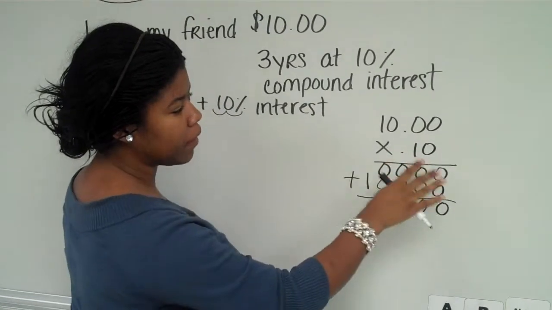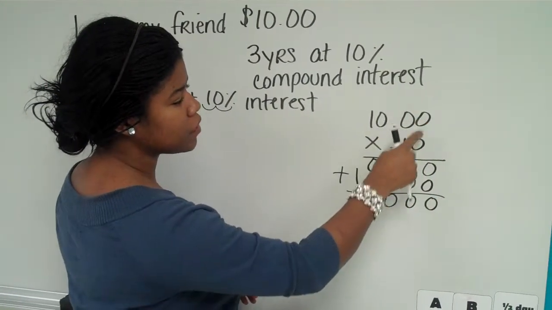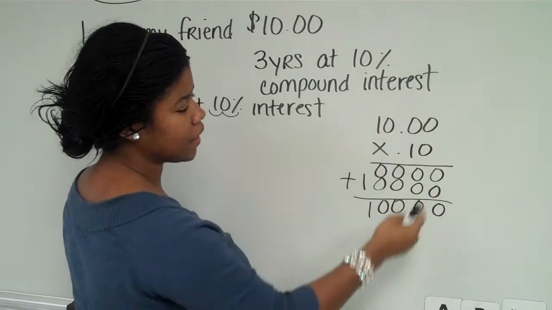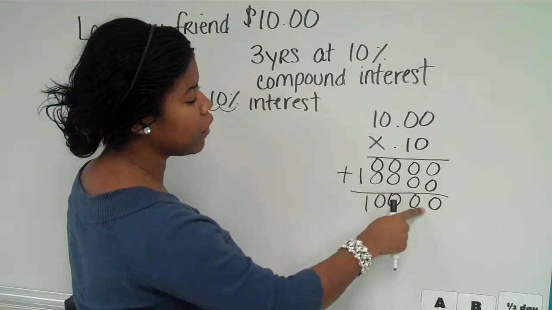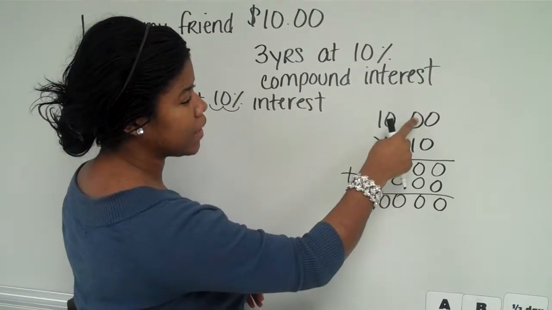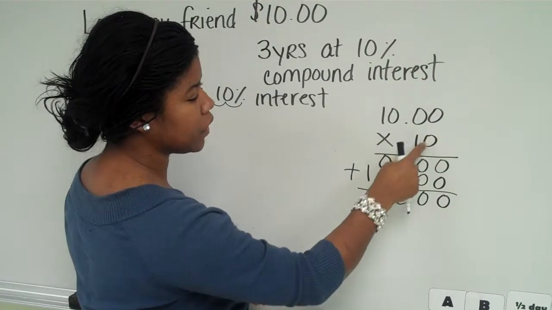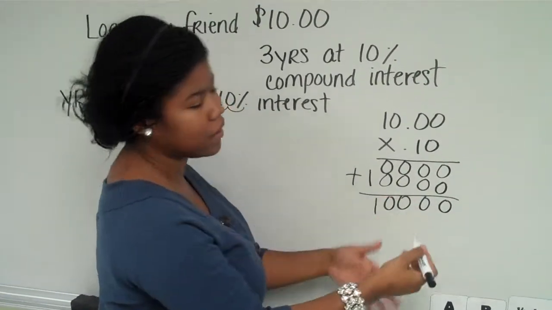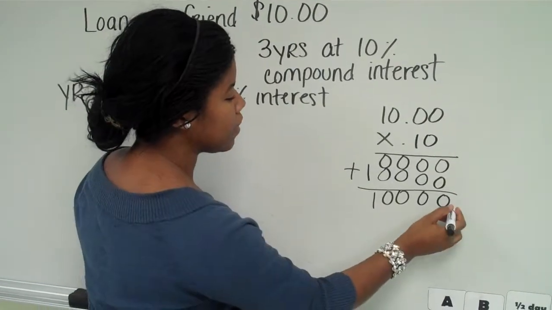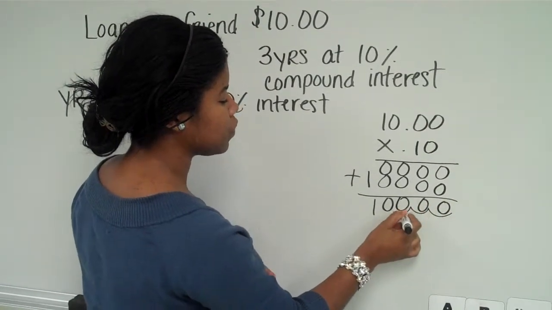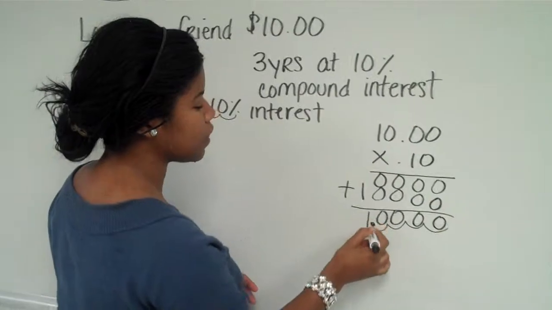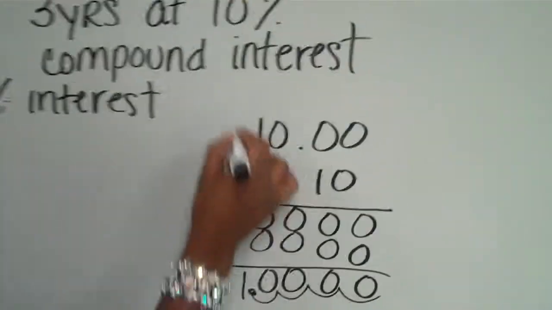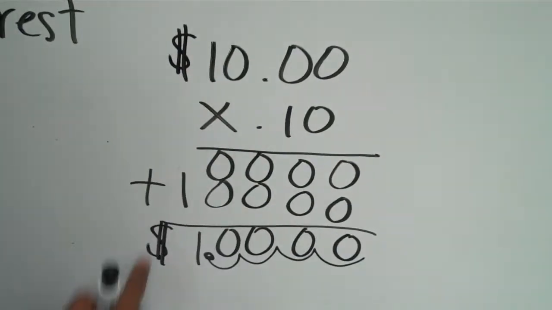Now, when I go back to my problem, however many numbers fall behind the decimal, that's how many numbers I want to move over in my answer. So I counted 1, 2, 3, 4 numbers. So I start at the end, and I come back 1, 2, 3, 4. So that's where our decimal goes right there, and this is money because we're talking 10% of $10.